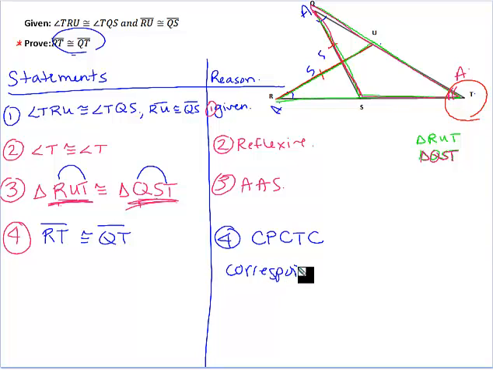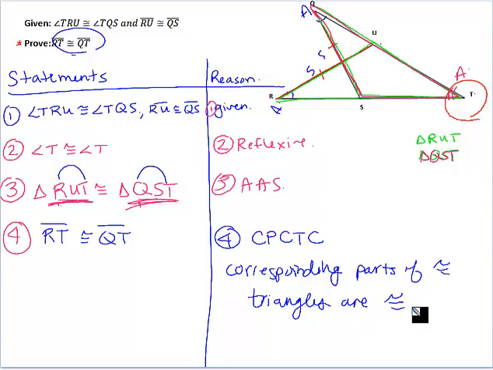Corresponding parts of congruent triangles are congruent. Okay, so there's another proof, and that proof was done using the two column.